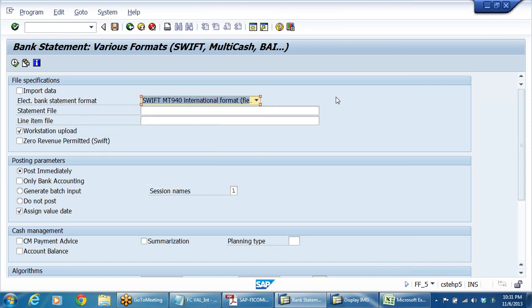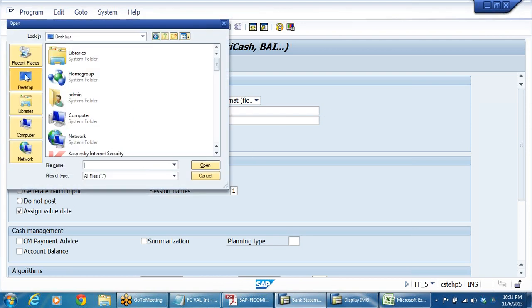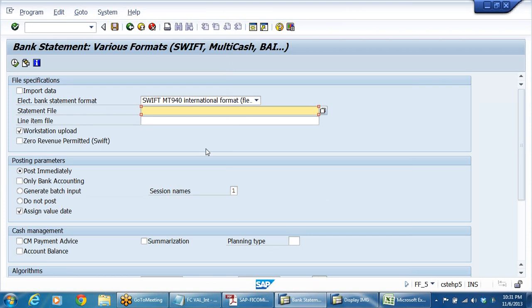So whatever statement file you get will be kept in My Documents or on the desktop, and we have to upload that. The system will ask you, and you have to pick it up from the desktop. Post automatically, immediately. All entries will be posted.